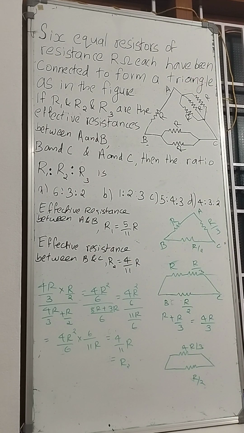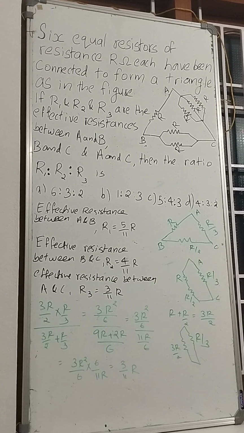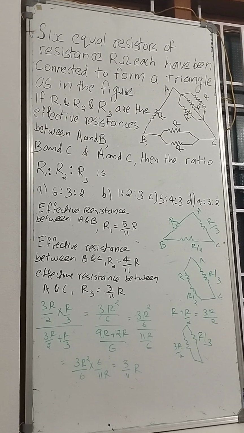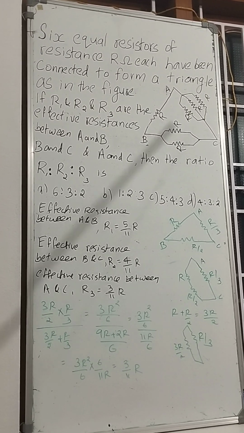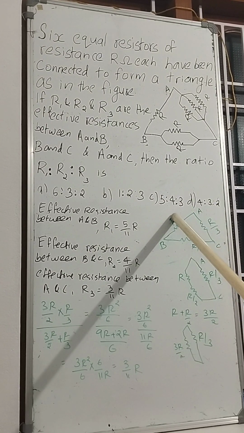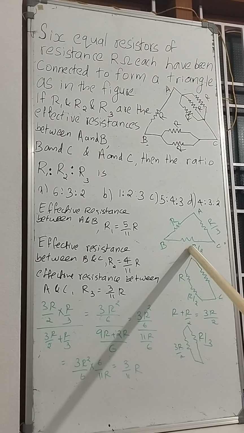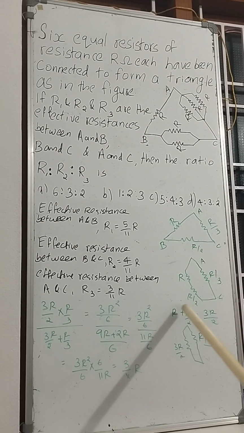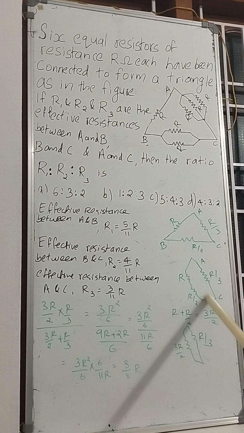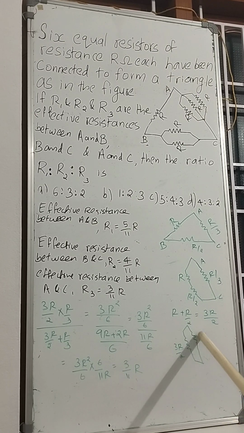Now let us calculate the effective resistance of the total network between the terminals A and C. Between A and C, we keep R by 3 on that side as it is, then treat the other two resistors. R, whose end is connected to R by 2, end-to-end connection. R and R by 2 are in series. So the effective resistance of this part is R plus R by 2, that is 3R by 2. Now this 3R by 2 is in parallel with the side AC, that is R by 3.